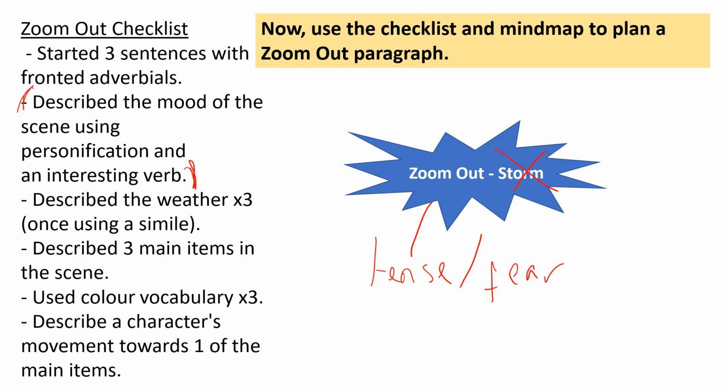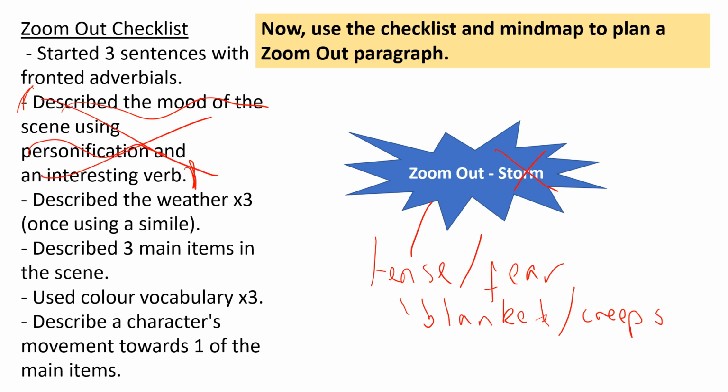And I can maybe say that tension blankets or even creeps onto the train, blankets the train. And that creeps would be an interesting verb there. That way I've done the personification, I've described the mood, and that step in my checklist is done.